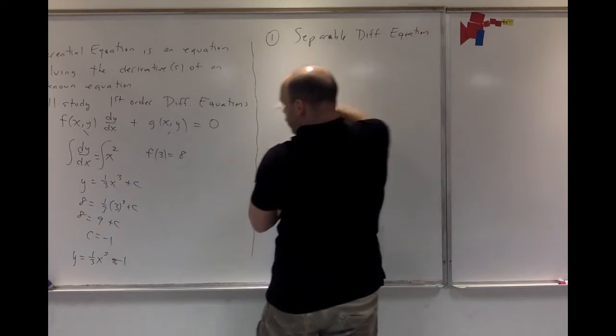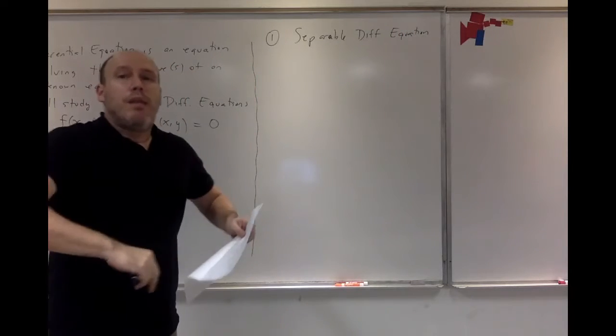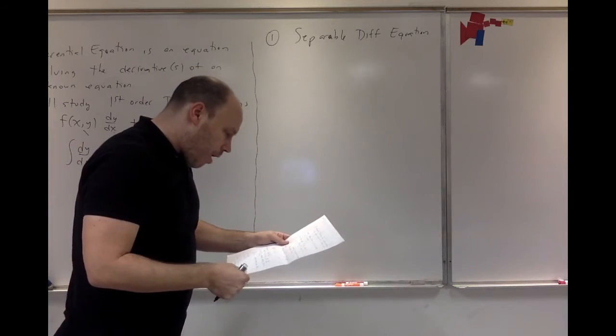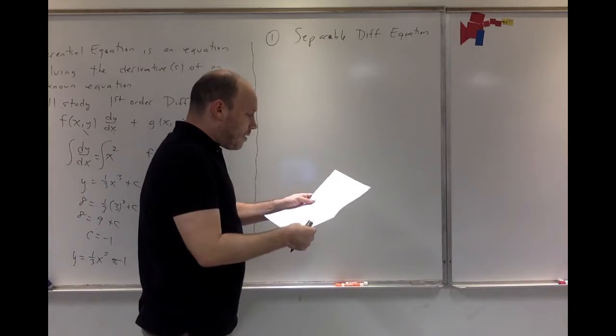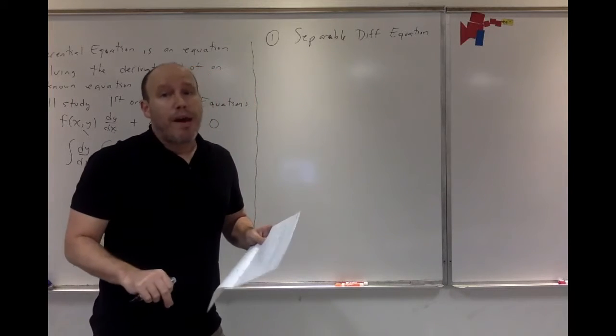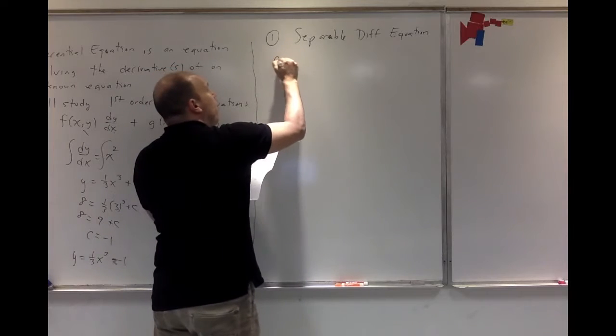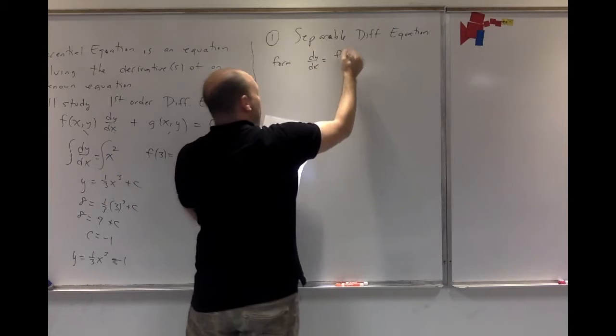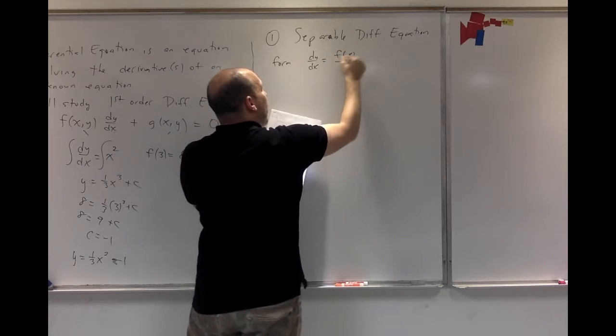And we're going to do it a little differently than what we did there. The idea is that in this form, we're able to easily separate the dx and the dy and match it up with an f function and a g function. So it's in the form dy over dx equals f of x divided by g of y.